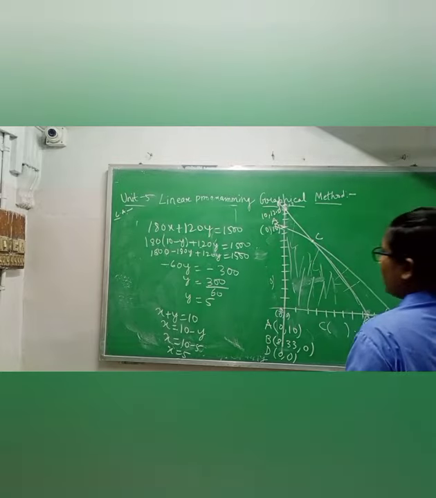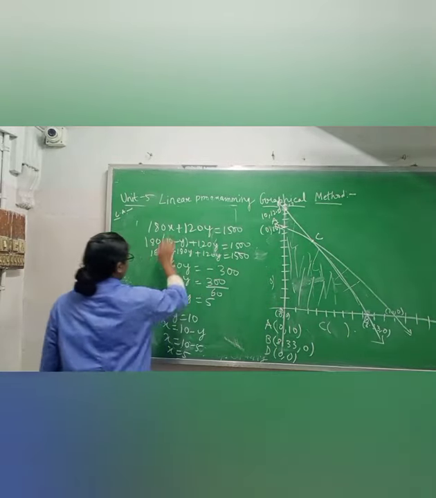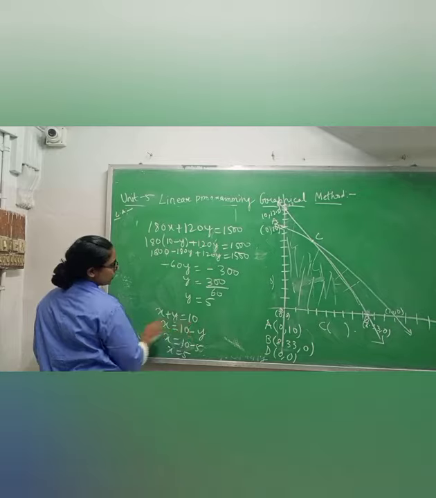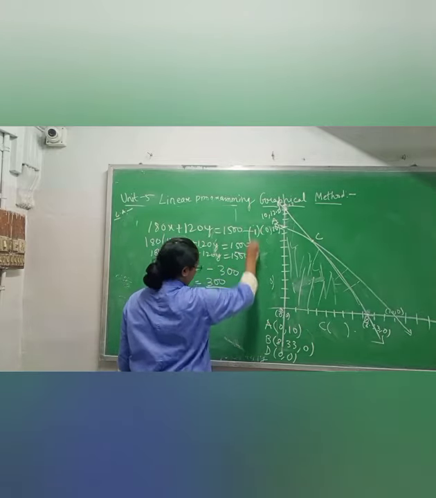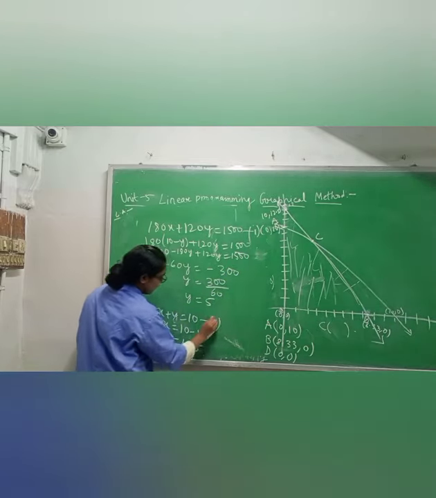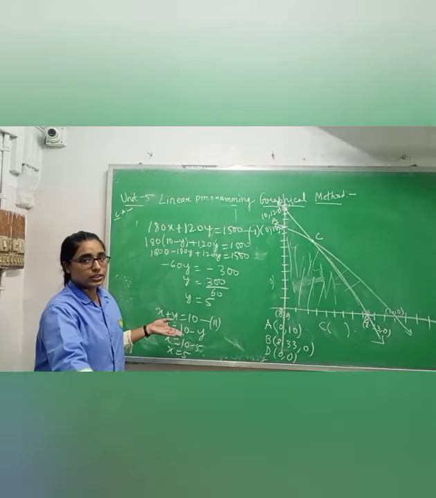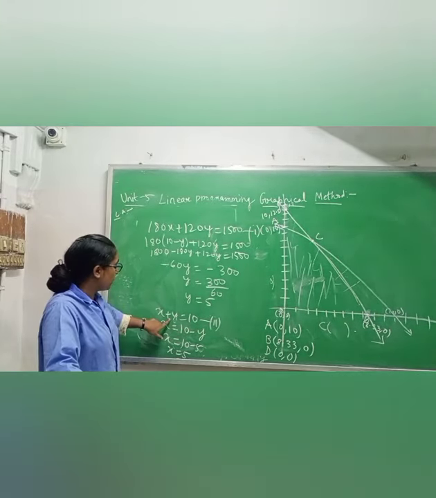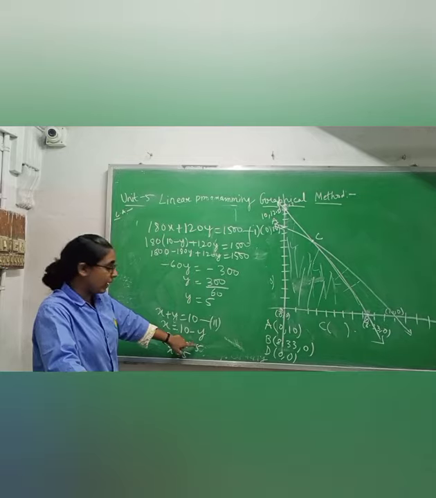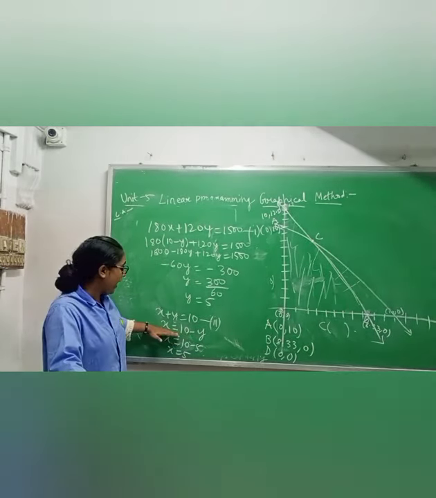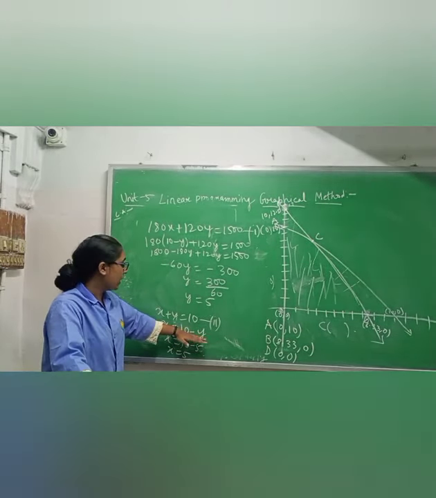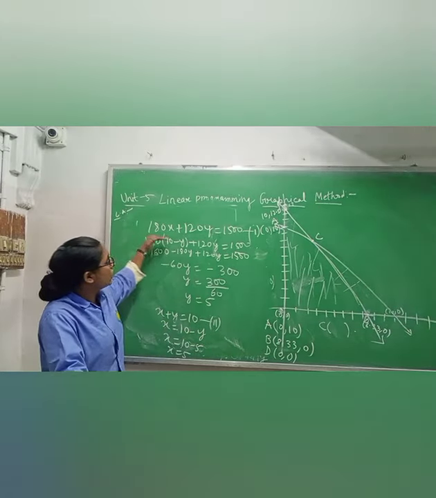Now class 12, I am taking 2 equations. This one is equation 1 and this one is equation 2. From equation 1, first I am finding the x value. You know this is a linear simultaneous equation, you have done it in class 9. Plus y will go to the other side and become minus y. So I get x equals 10 minus y. I am putting this x value in equation 2.